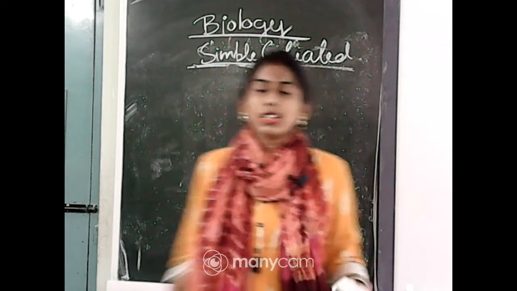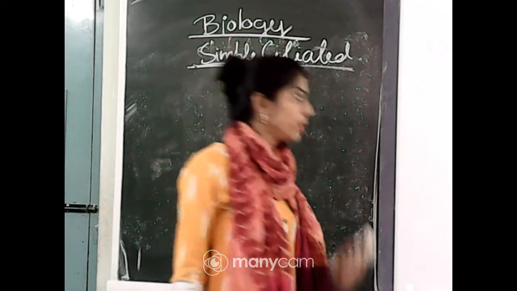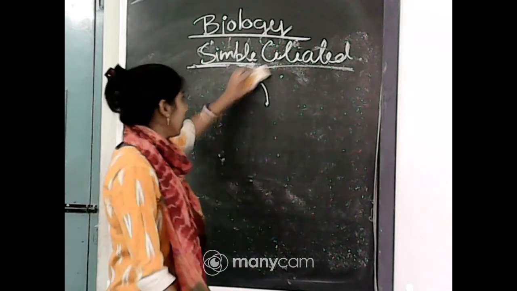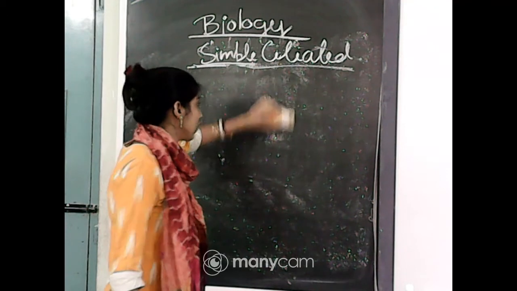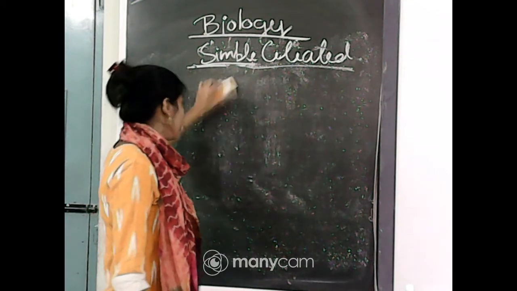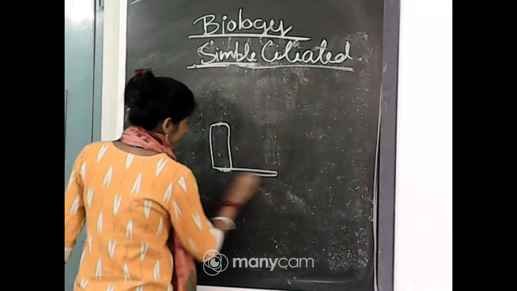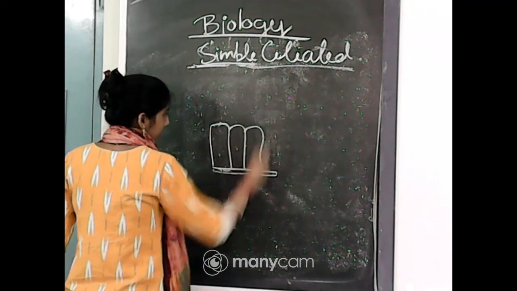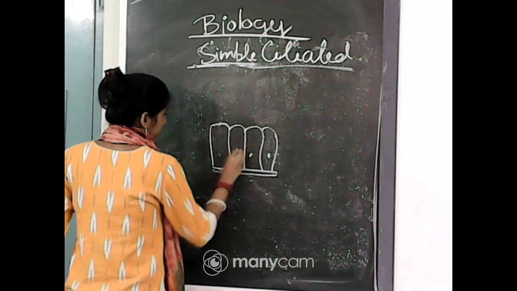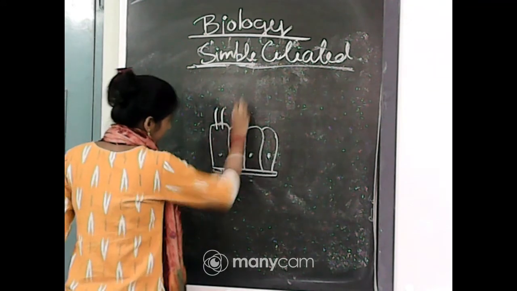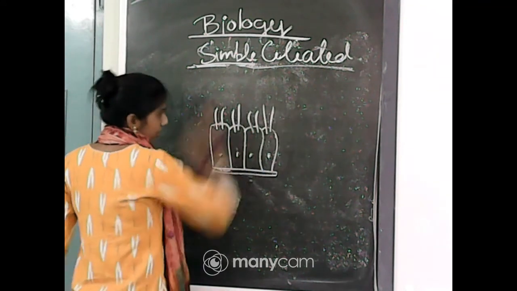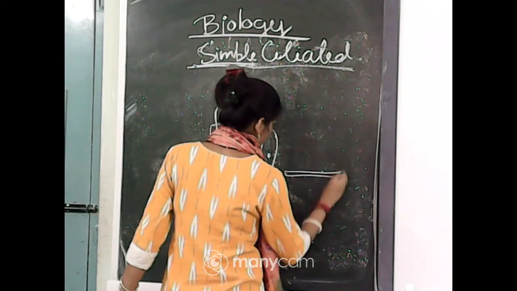Okay, so these cilia may be present on cuboidal tissue or on columnar tissue. Usually these are cuboidal or columnar. Look, it will be like that. That is the basement membrane, that is columnar tissue, and cilia are present like that, or it may be like that.